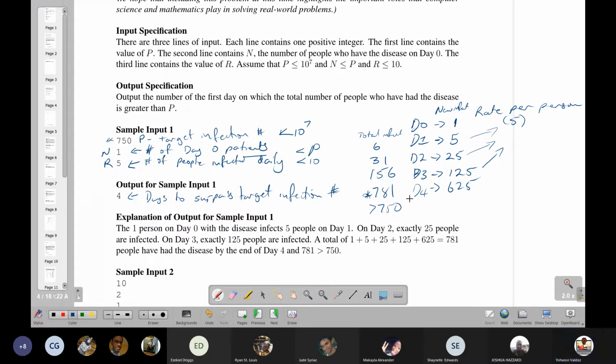So on day 4, we've reached our target infection, so that we know how fast everybody's getting infected. You all understand where we're coming from with this?